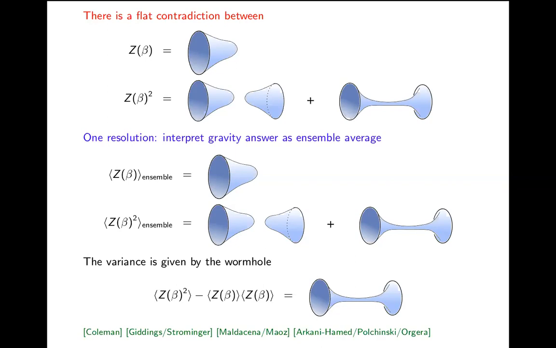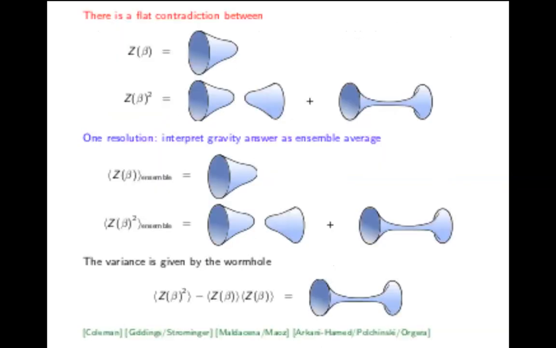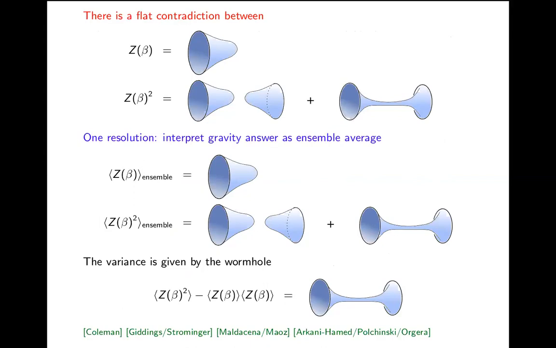I don't know what you're referring to with the large wormholes, but okay, please go ahead. Okay, I'm sorry, Douglas, to slow you down, but just as a follow-up to Subrat's question, is there a clear consistency condition you can write down on various Z of betas so that it comes from an ensemble? Are there some equations that need to be satisfied? Well, I guess there are some constraints from positivity.